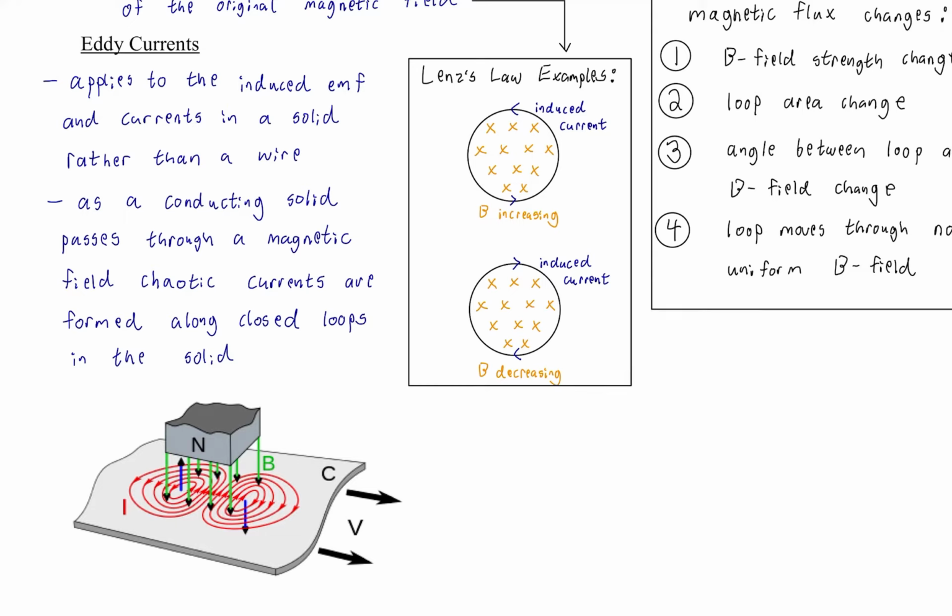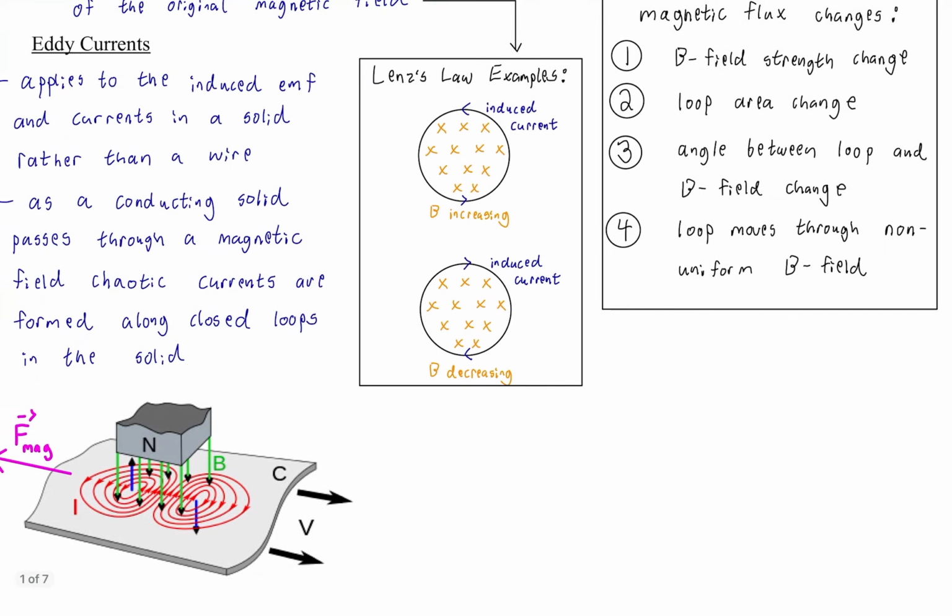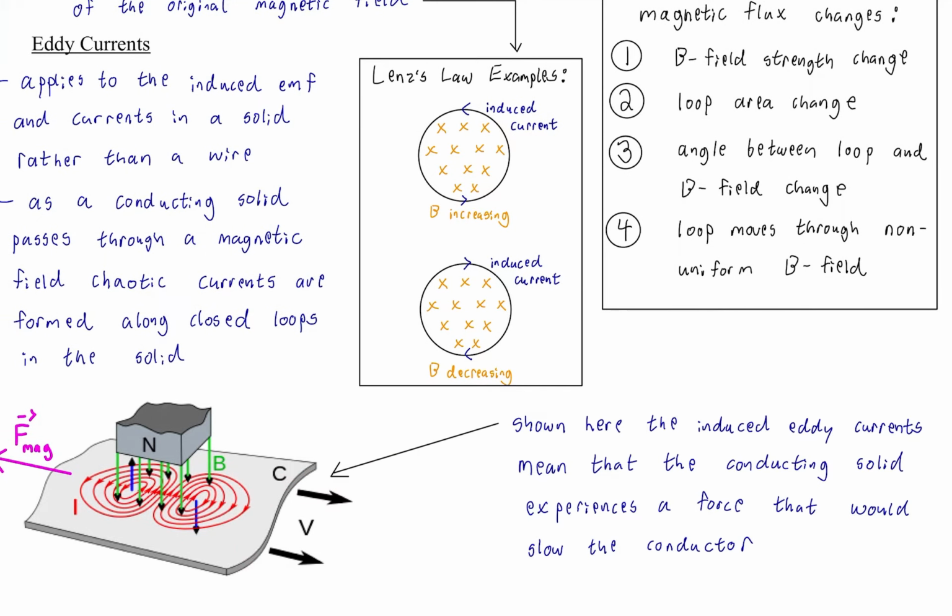As the slab of metal moves through the magnetic field, here are the induced loops. Current is induced along those loops. Now that produces a force that opposes the motion. So there's a magnetic force exerted on the conducting slab that opposes the motion. Shown here, the induced eddy currents mean that the conducting solid experiences a force that would slow the conductor.